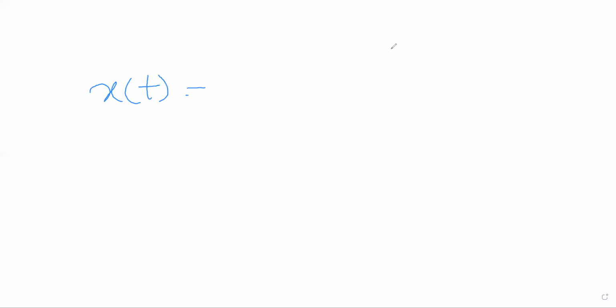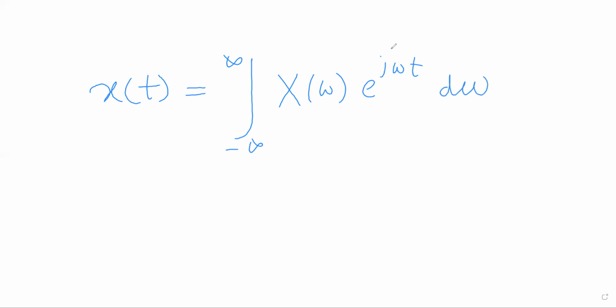We know that x of t is given by 1 by 2 pi, integral from minus infinity to plus infinity of X of omega e to the power j omega t d omega. Sorry, I left out 1 by 2 pi, so you can add it. This is the formula for the inverse Fourier transform.